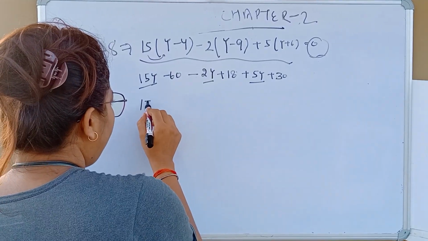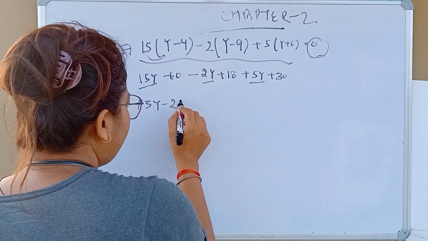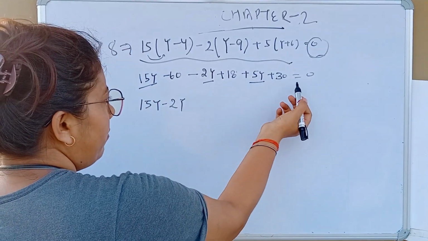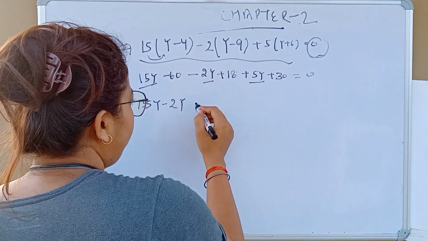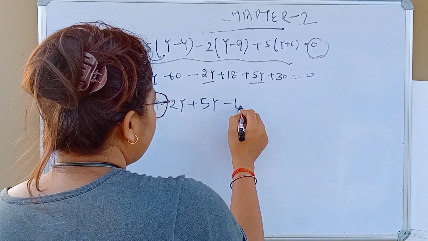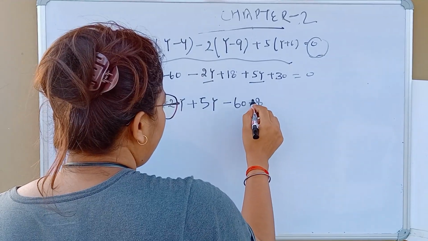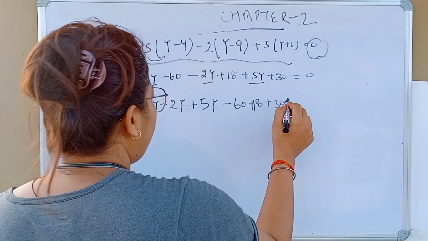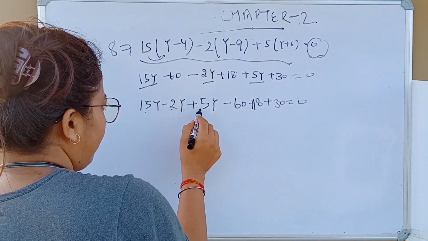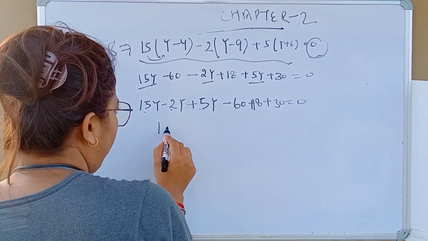So 15y minus 2y plus 5y, minus 60 plus 18 plus 30 is equal to 0. Here the sign does not change because it is not given after equal, it is given before equal, so as it is we retain. So 15y minus 2y is 13y, 13y plus 5y is equal to 18y.